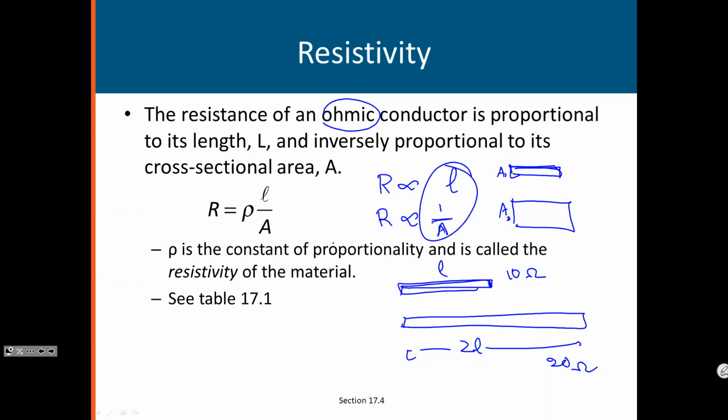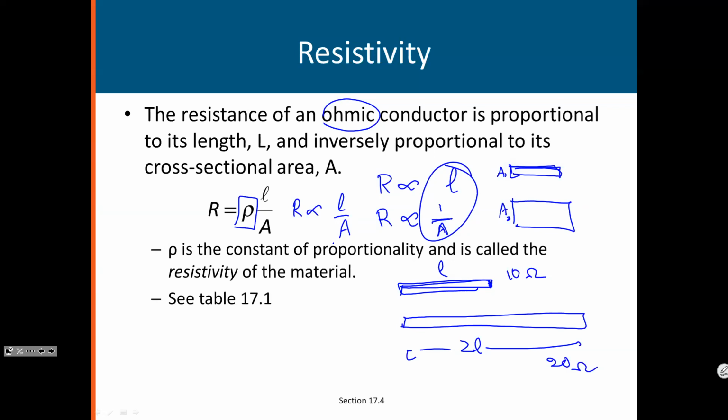Now we combine these two, we can say resistance is proportional to L over A. And the proportionality constant is the resistivity. It's a constant in the sense that it doesn't change. It is a constant for a given material. For copper, let's say copper is a given material. It has a certain resistivity.